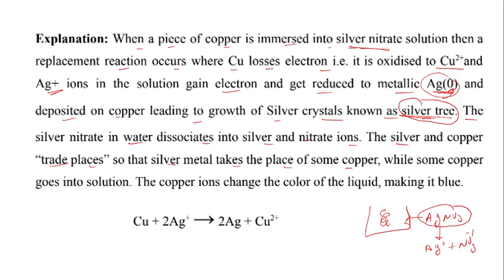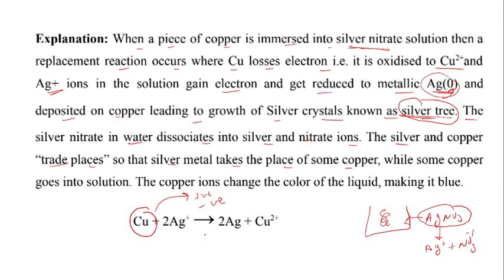So it depends on their reduction potential. If reduction potential is lower, then oxidation potential will be higher. So for copper, oxidation potential is higher, you can say it is positive. So its reduction potential will be negative.